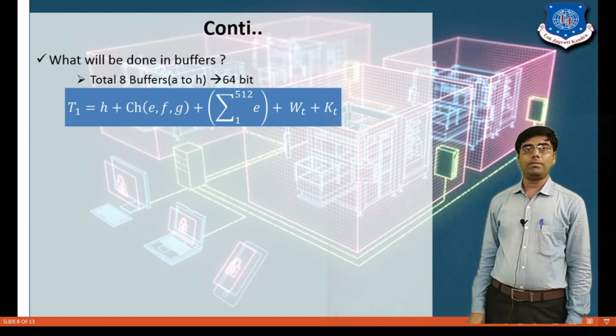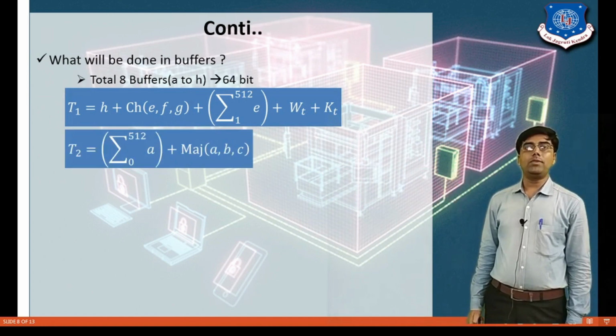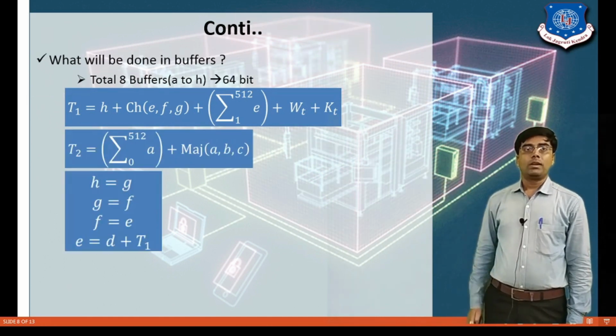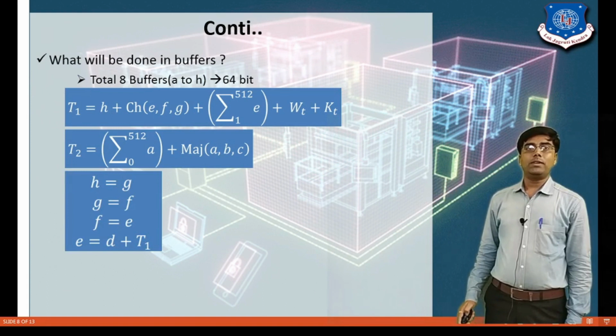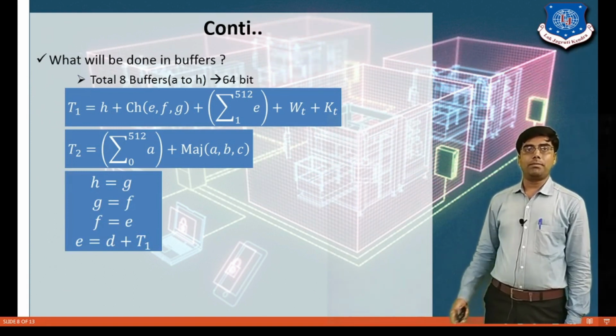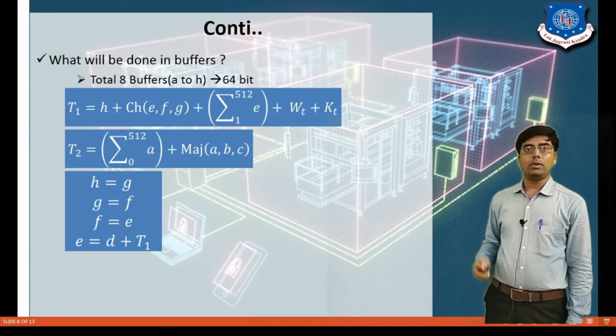We consider two variables, T1 and T2. In T1 we use H, where H represents a buffer, and then the output of the first round.